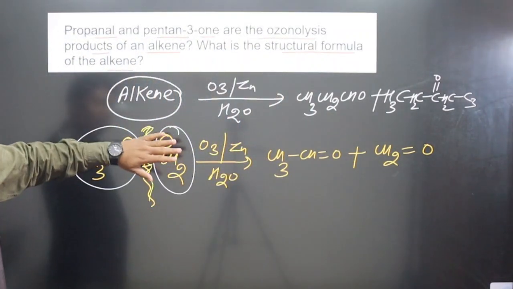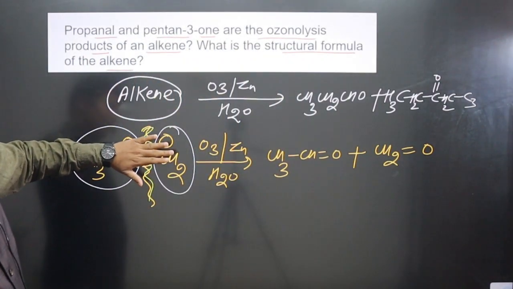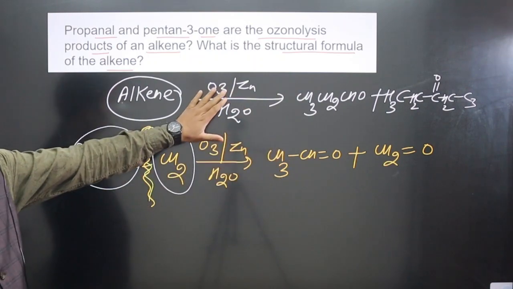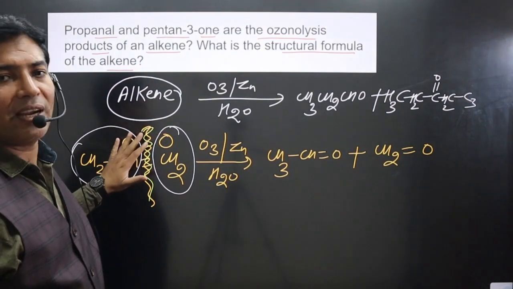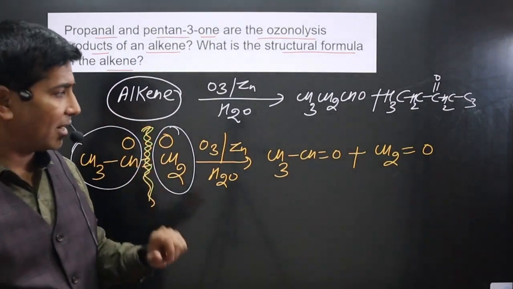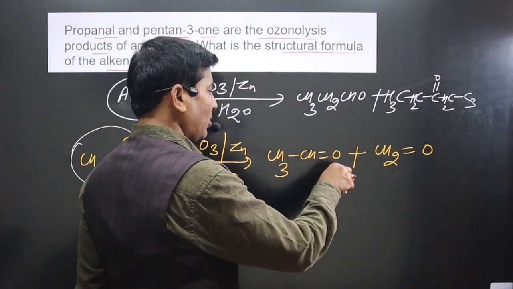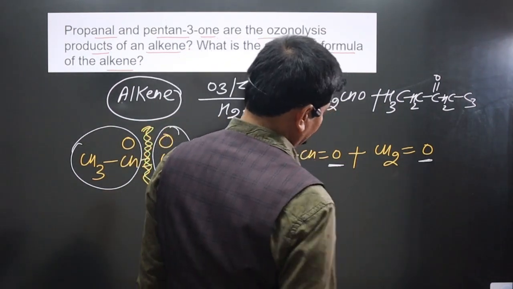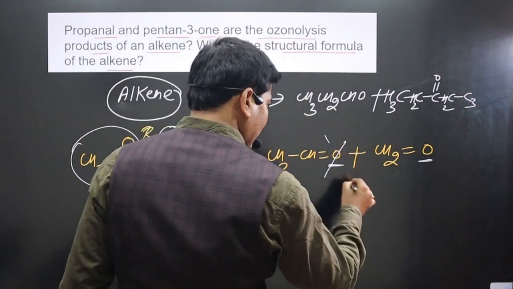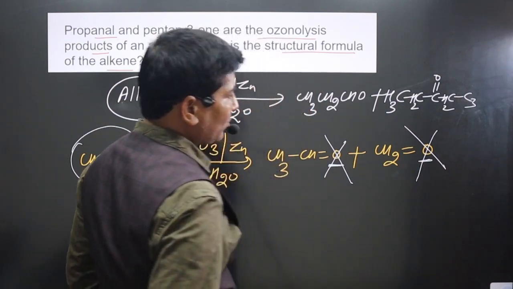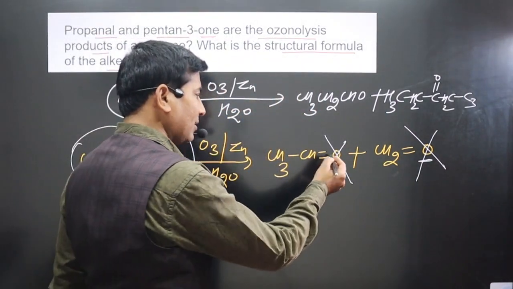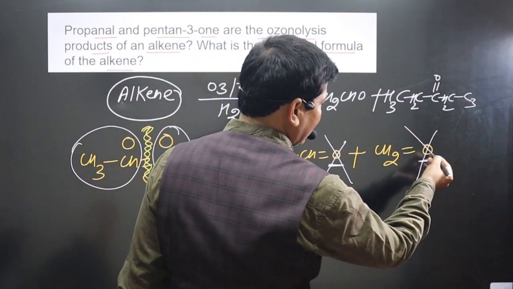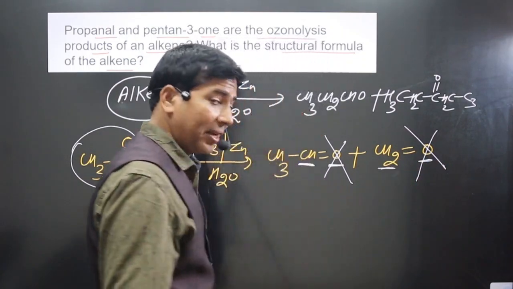For a while, let's say I have no idea about the reactant. We have only the products, like in this question. From the products, how can we identify the reactant? You have to focus on the oxygen. You can see the oxygens here. Remove these two oxygens and see to which carbons they were attached.